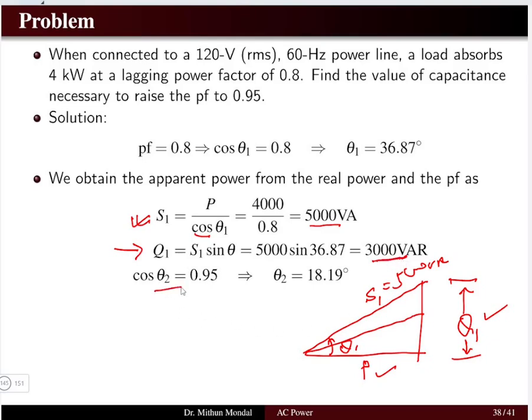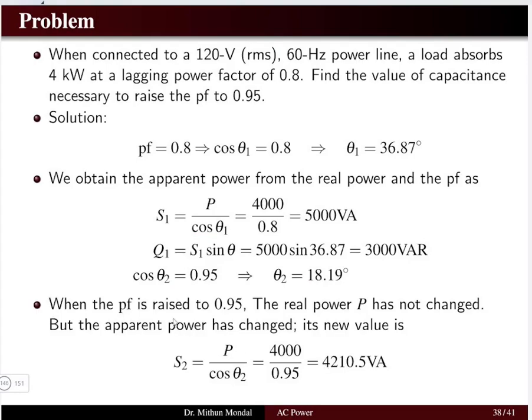Now the new power factor is 0.95, which gives an angle of 18.19. So the new angle theta 2 here is 18.19, which will have a new complex power S2 and a new reactive power Q2. The power compensated is QC, due to the capacitor.